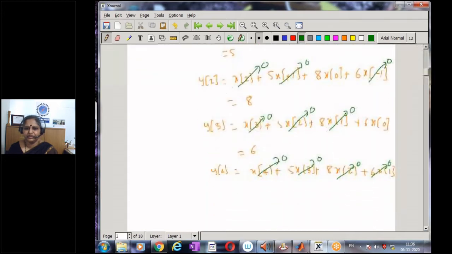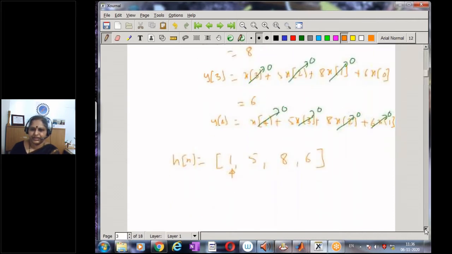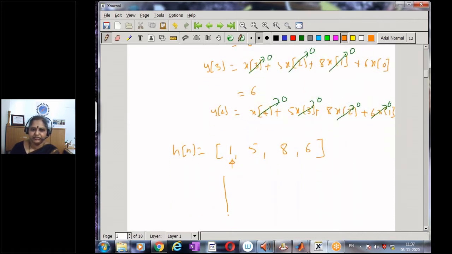So combining all these results, I now have my impulse response h of n as 1, 5, 8, 6. And the origin is here. I can sketch the result as a function of n, my impulse response h of n.